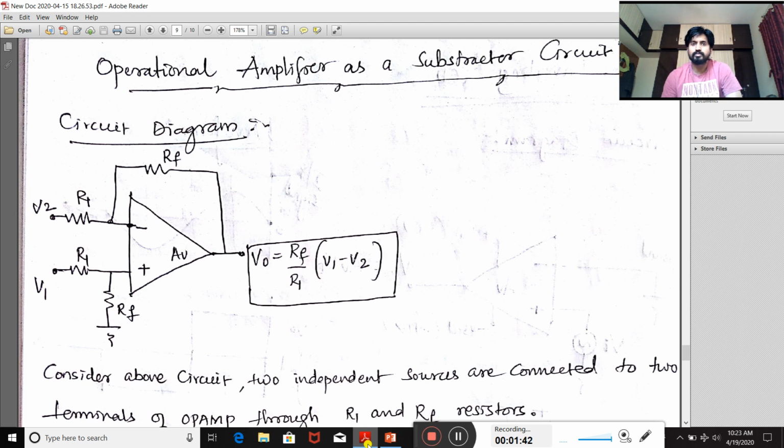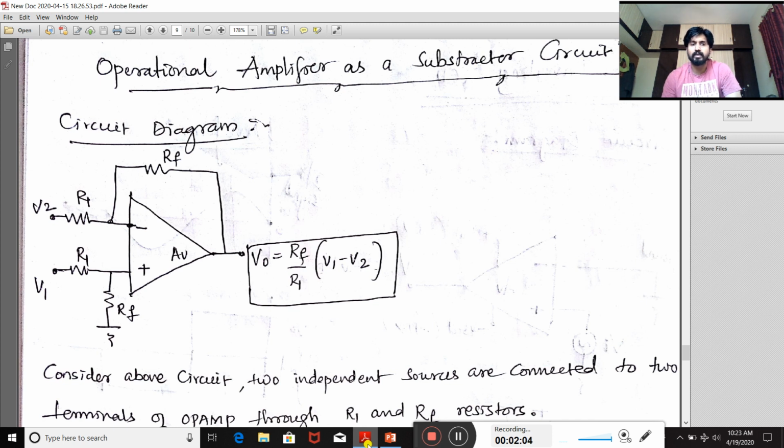As we do subtraction, where two numbers are there, we subtract one from another. Whatever resultant value we get, that is the subtractor result. The same thing we are going to do with the help of operational amplifier.